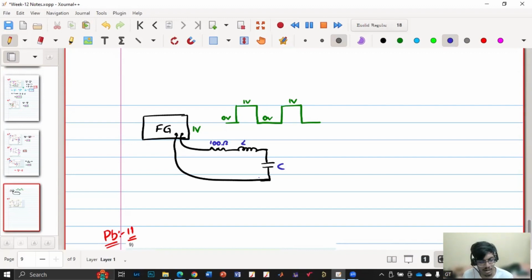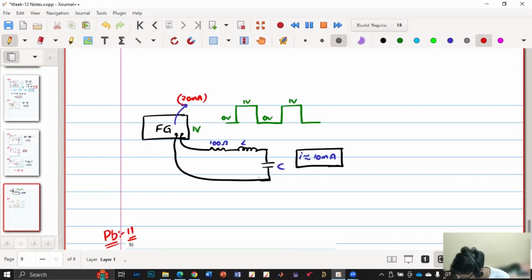Neglecting L and C, the current will come to nearly how much? 10 milliampere, right? Yes, 1 by 100. But say the requirement is 20 milliampere only.